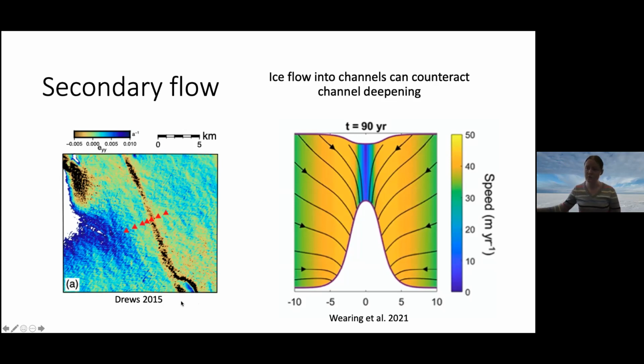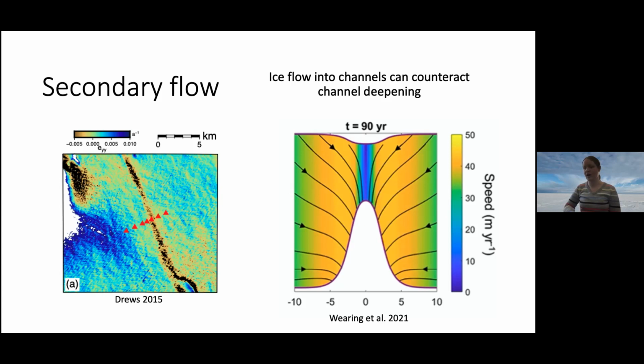This is Reinhard Drews' work on the Roi Baudouin Ice Shelf, where he's showing convergent strain rates moving ice flow into the channels. And Martin Wearing et al. had a really nice paper that just came out recently modeling this kind of flow and showing that in some ways it actually counteracts really fast melt rates. So if that channel is incising into the base of the ice shelf, ice flow is basically trying to fill that channel in, so that it modifies those incision rates.